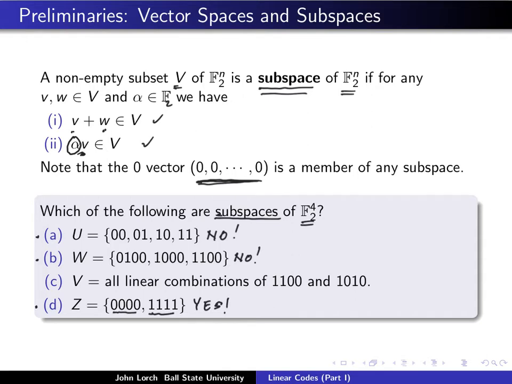Okay, now finally we have this set V that we talked about on the previous slide. It's all the linear combinations of 1, 1, 0, 0, and 1, 0, 1, 0. So we can look at that and remember what that is, right? It's the 0 vector. It's each of these vectors.